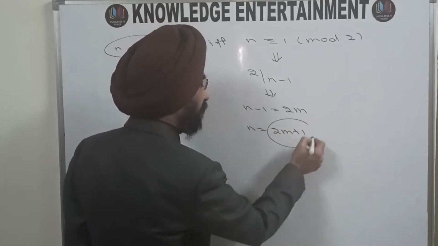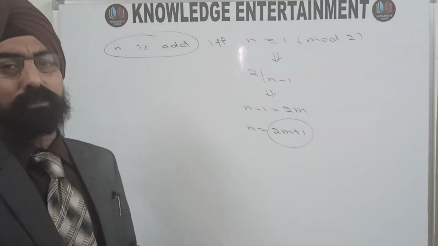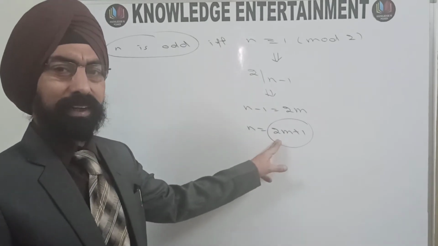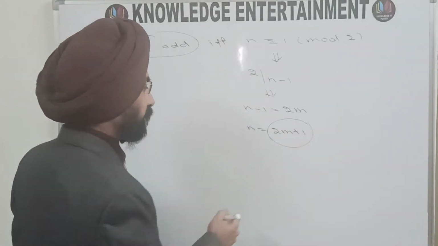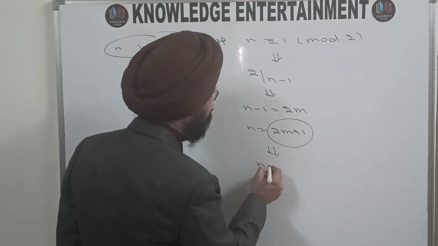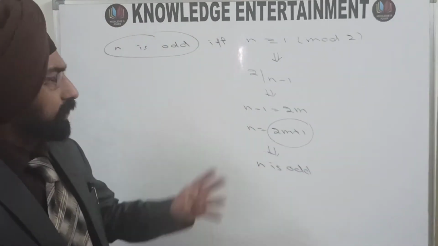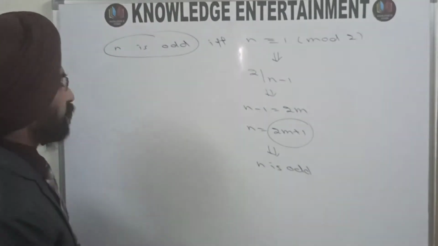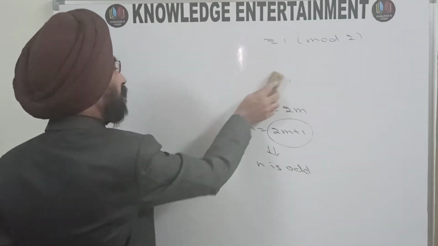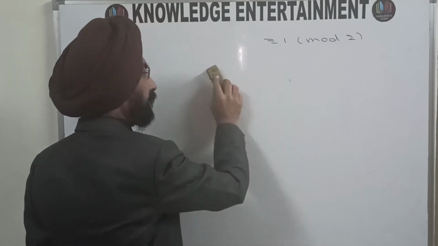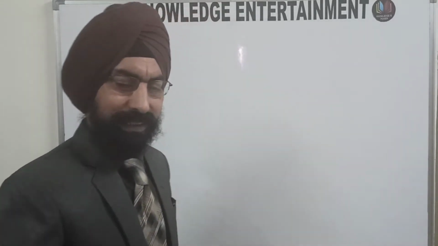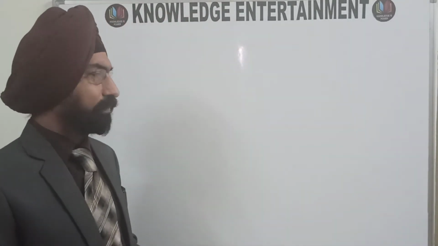And you know very well that for every number of the type 2m plus 1, 2 times something is even and plus 1 is odd. So this means your N is odd. So both ways we have proved this theorem, which was just 2 or 3 liner. Very easy proof. You can just keep it in mind. You can calculate, you can visualize this result in your mind as well.